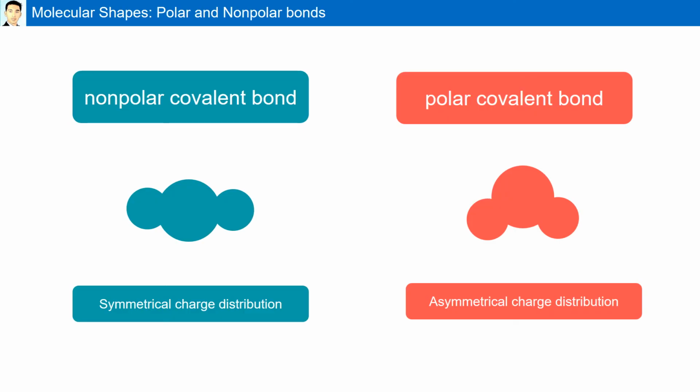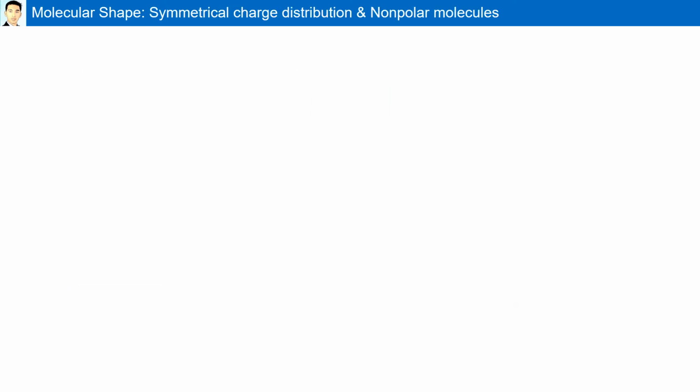Molecular shapes, polar and nonpolar bonds. A symmetrical charge distribution would give rise to a nonpolar molecule, even if the bonds within the molecule are polar, while asymmetrical charge distribution would give rise to a polar molecule. Molecular shape, symmetrical charge distribution, and nonpolar molecules.